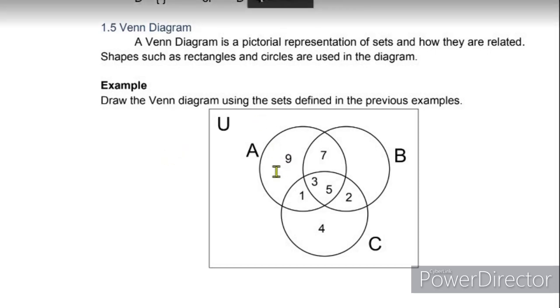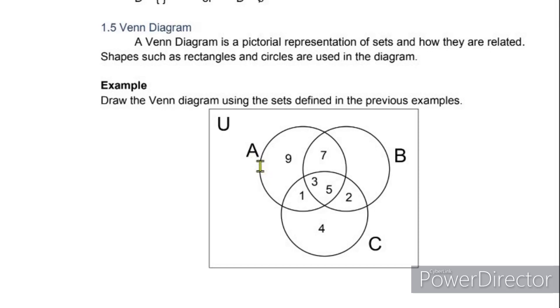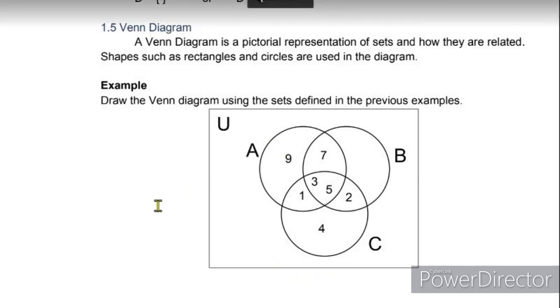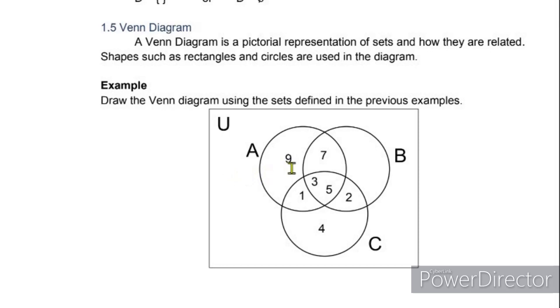So the first set is A. Set A is represented by this circle, the upper left circle. As you notice, the numbers or the elements inside set A are 9, 7, 1, 3, 5. That's why they are inside the circle of set A. Next, set B is represented by a circle in the upper right corner.